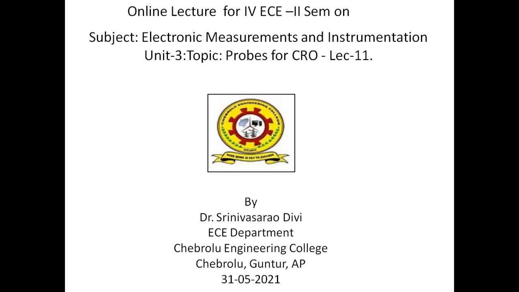If it is DC voltage, we can measure with respect to positive and negative. If it is AC, we can measure with respect to ground, or phase and neutral. Like that we can connect the cable to the two points, so we have to use two wires inside this cable.